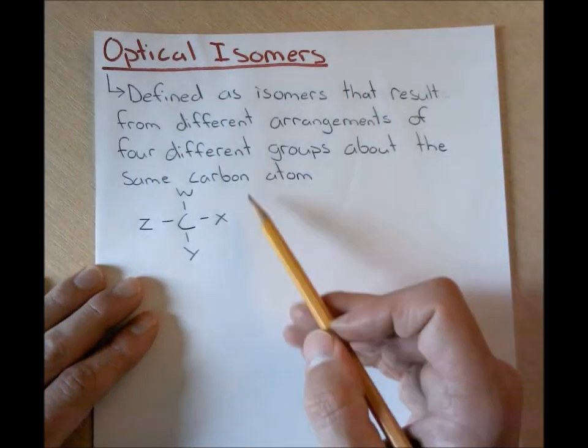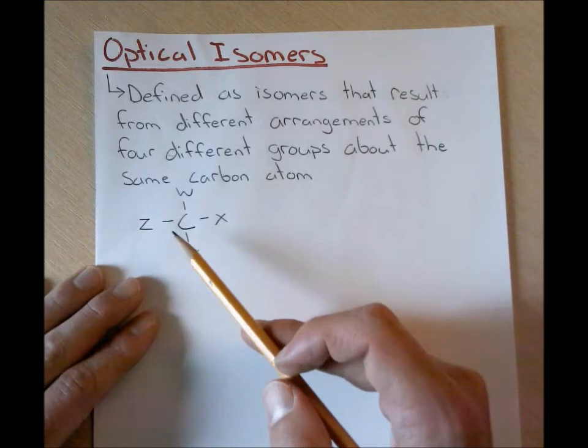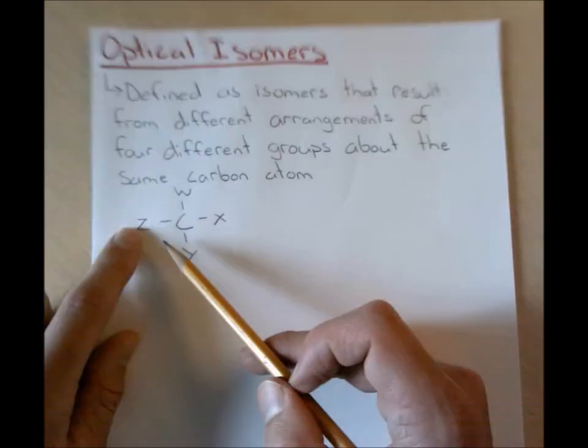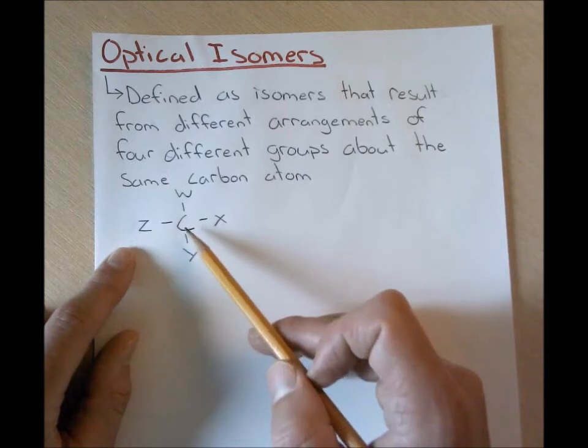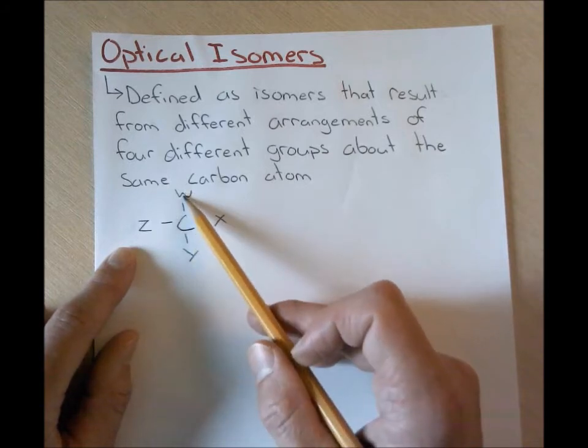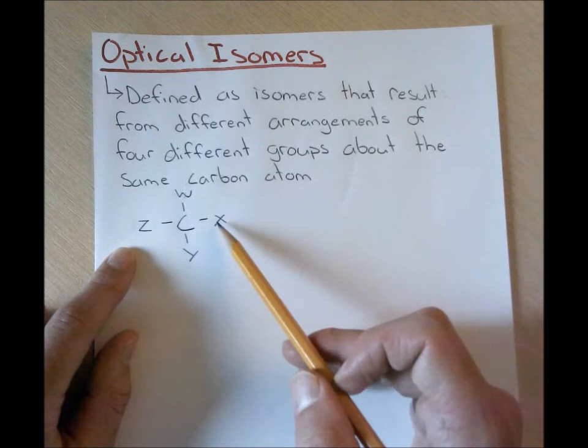They could be a chain of carbons. For example, here you could have a propyl group branching off this one carbon in the center, and over here you could have an ethyl group, or you could have something like a chlorine or hydrogen.